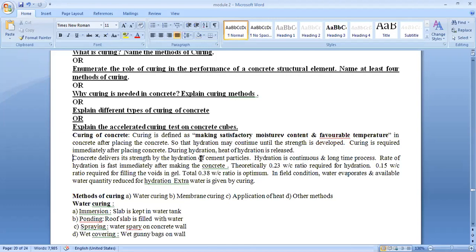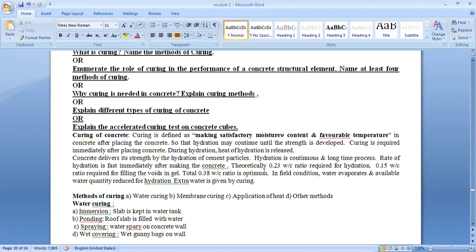We discussed this in the first module: the hydration of the cement particles. This hydration is the main cause of strength development. Hydration is a continuous and long process. The rate of hydration is fast immediately after making the concrete. So to get this hydration, we need to maintain constant moisture content as well as a favorable temperature.